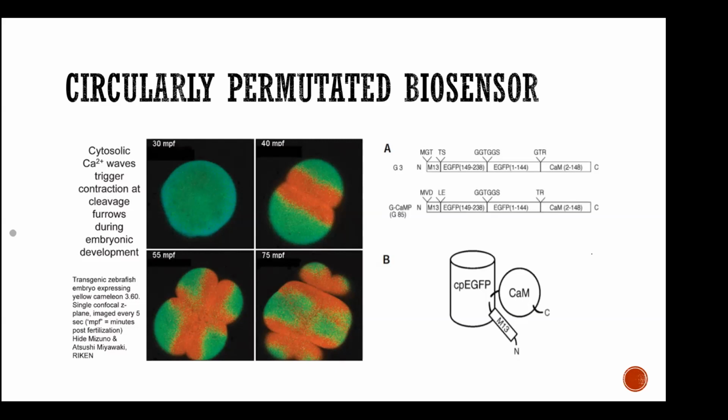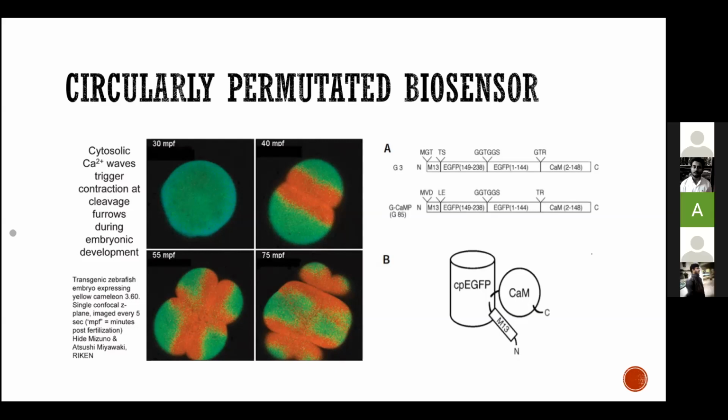But you do not see any red color or the EGFP function here, right? Yes. Then you move on to your right, the first quadrant, that is 40 mpf.